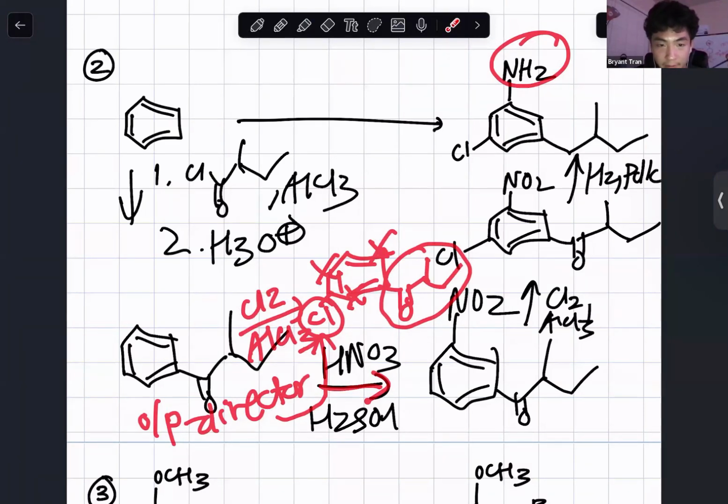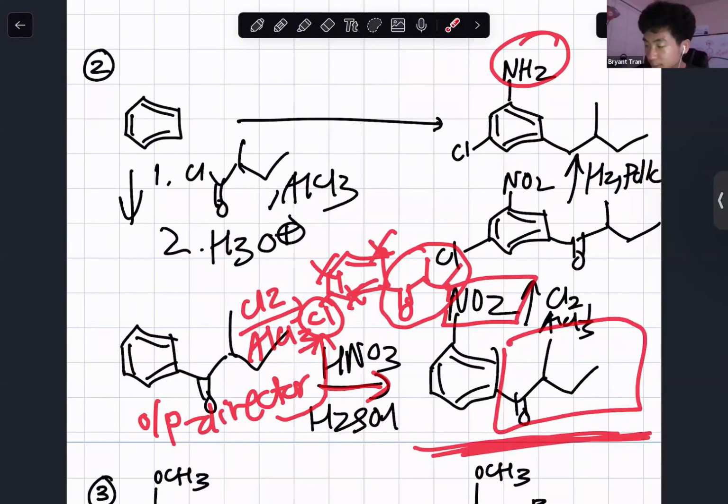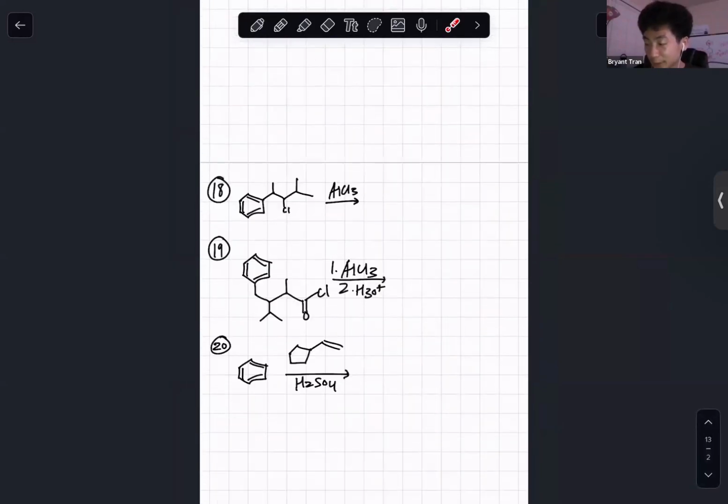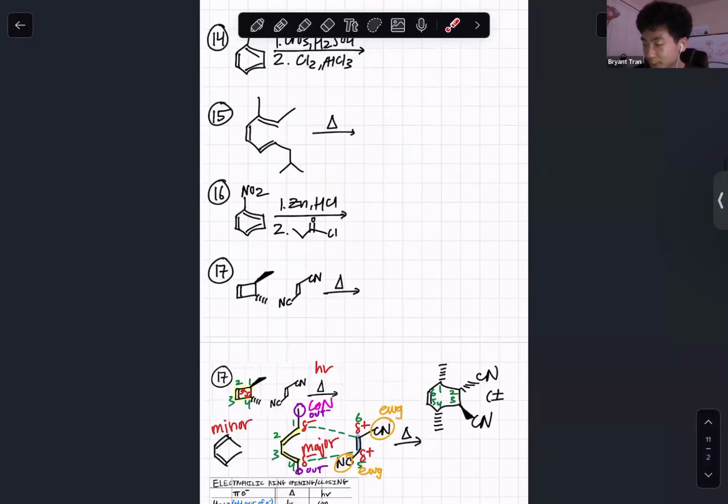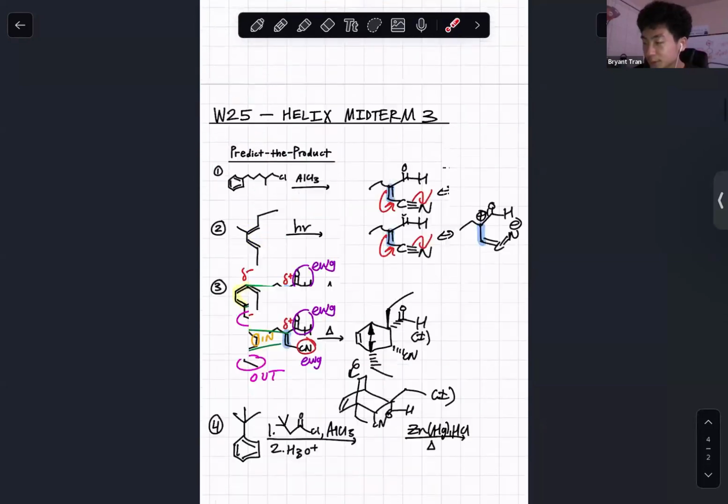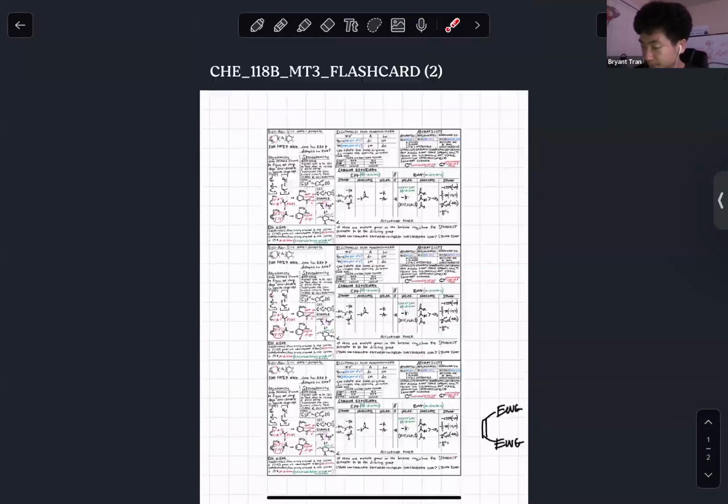But NO2 is stronger than the other one. Like, are you talking about this one right here? Yes, NO2 is a stronger EWG than this moderate EWG, right? But when we choose between the directing groups, if you're comparing two EWGs, you want to choose the weaker EWG.